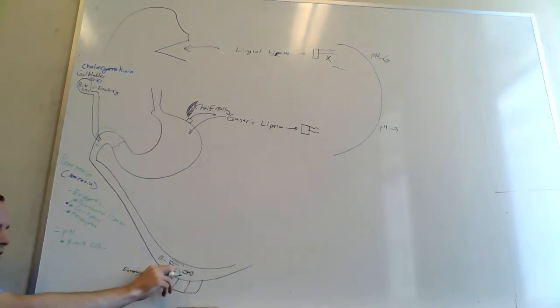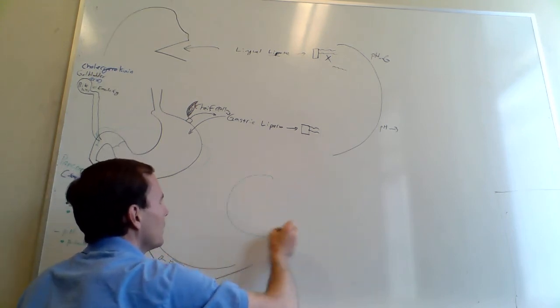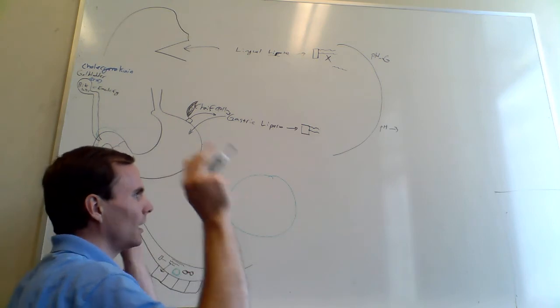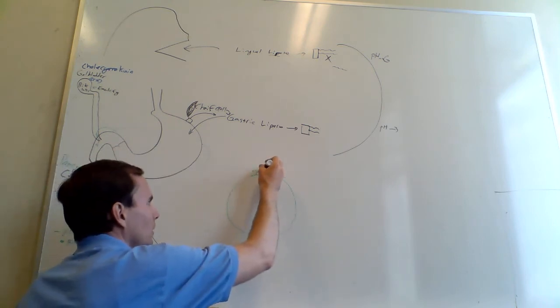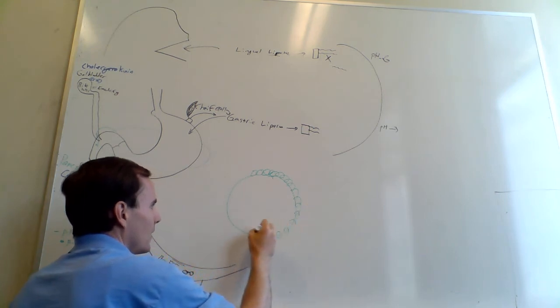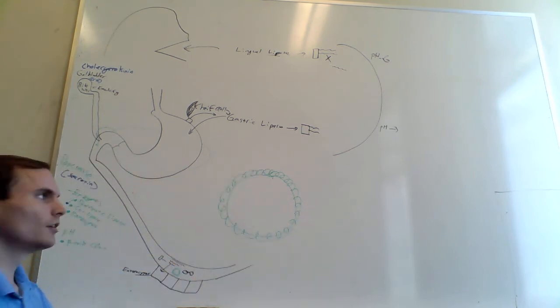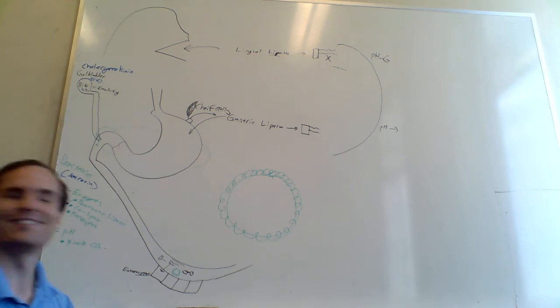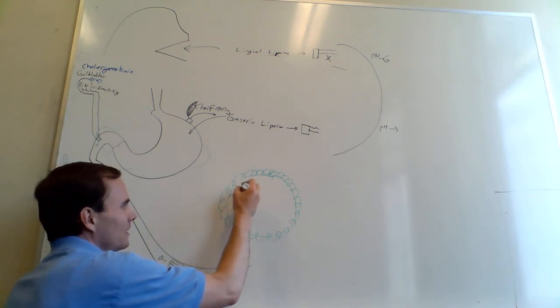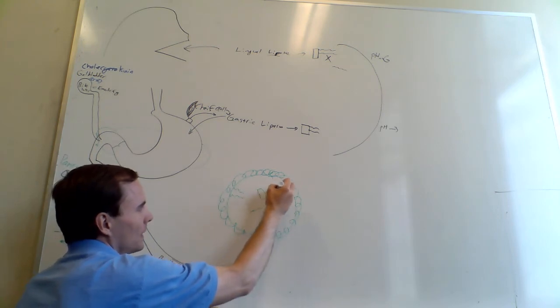A micelle is basically, if you have a cell, kind of, with hydrophilic bits on the outside, which come from bile salts, which is why bile salts work. And then you have all the fatty bits hiding on the inside.